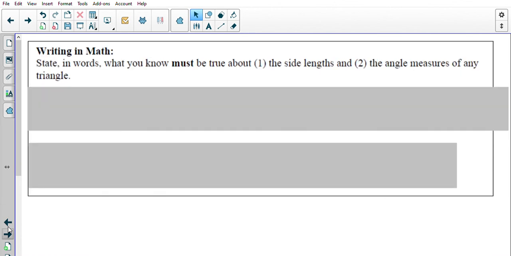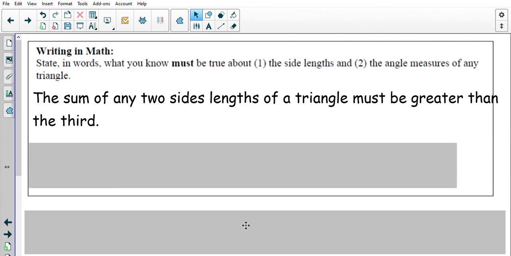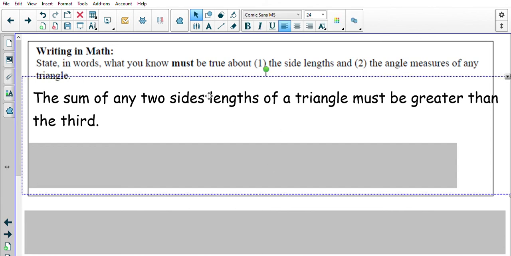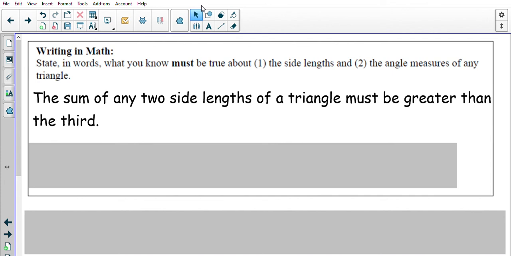All right, so at the bottom of that page, it says to state in words what you know must be true about 1, the side lengths, and 2, the angle measures of any triangle. Let's start with the side lengths. We know from the triangle inequality theorem that the sum of any two side lengths of a triangle must be greater than the third.